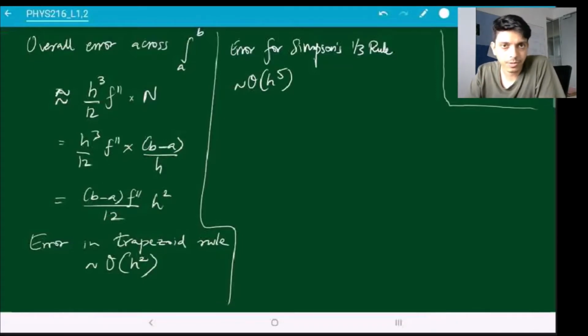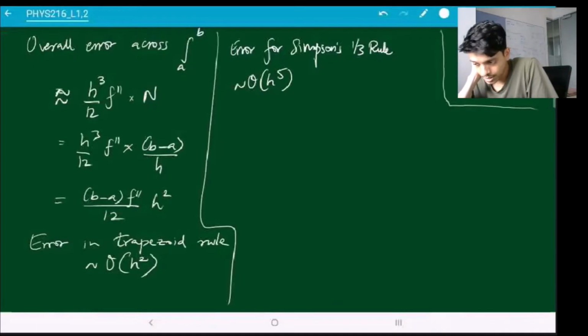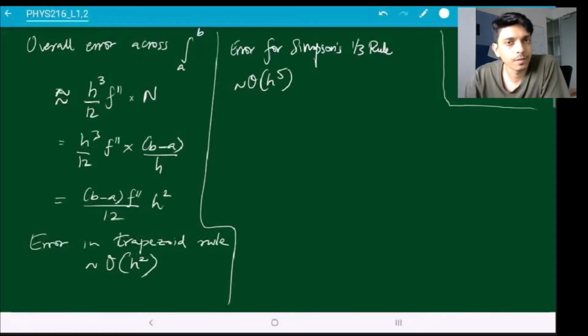Like we've discussed before, it's a trade-off between the runtime and the kind of accuracy that you want. But even with that, sometimes it can get tricky, especially if you don't know a priori what the function is going to be.